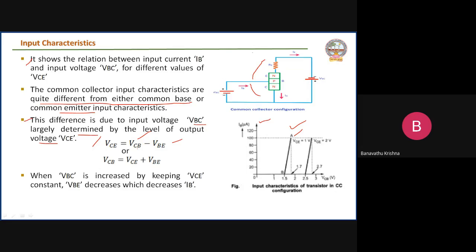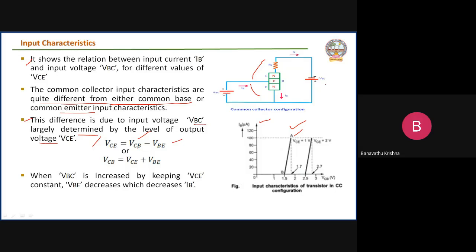Once again, VCE equals VCB minus VBE, so VCB equals VCE plus VBE. By drastic changes in VCB, the base current is going to decrease.